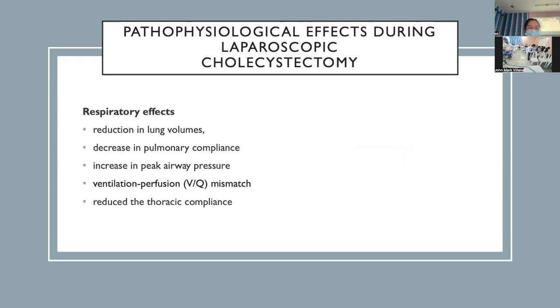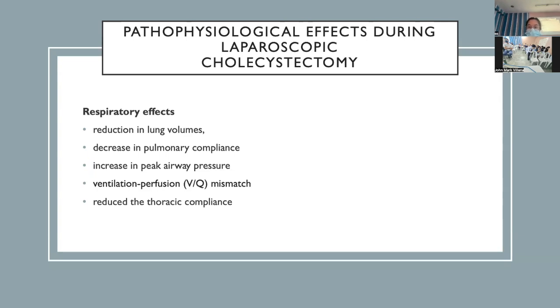So respiratory effects: there is reduction in lung volumes, decrease in pulmonary compliance, increase in peak airway pressure, ventilation perfusion or VQ mismatch, and reduced thoracic compliance. Increase in intra-abdominal pressure shifts the lungs cephalad and therefore reduces diaphragmatic excursion, which results in intraoperative atelectasis.